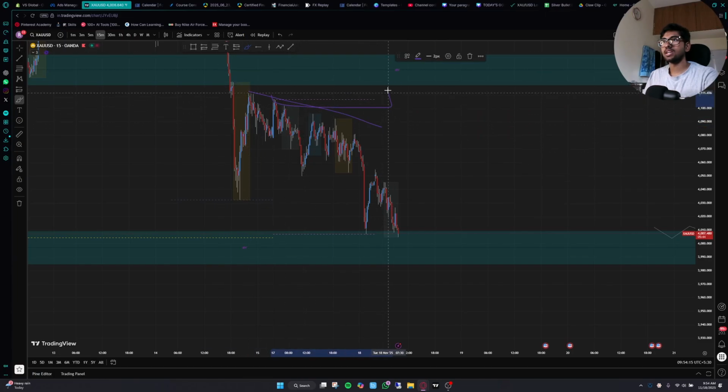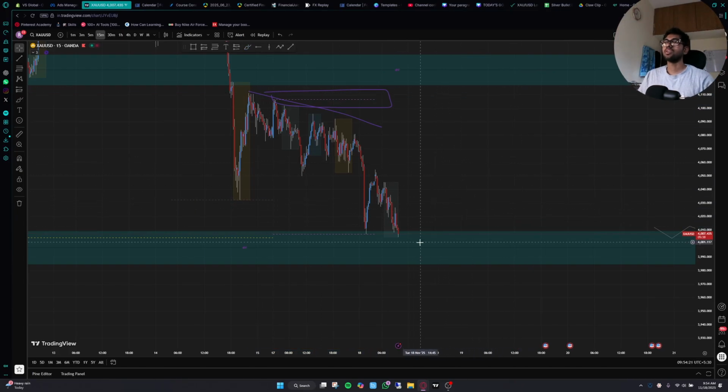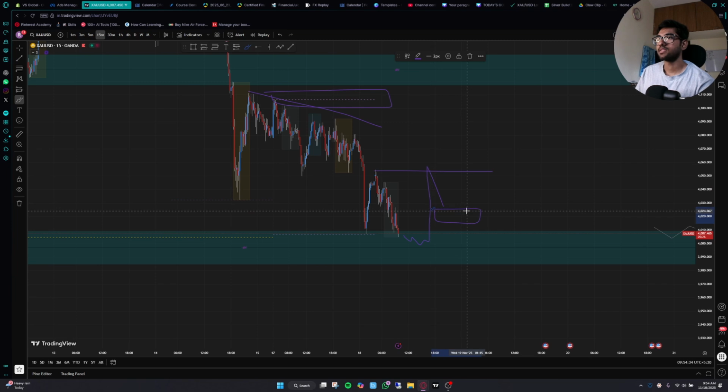So it looks like a very good point of interest. I'm waiting for gold to react, come up to here, make a change of character, come back onto the retest, and then I will be going long.